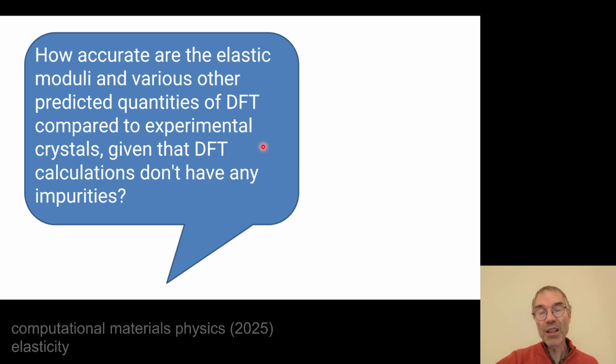The fact that there are defects in the crystal, that is not taken into account, but you could do that if you want by adding some impurities, calculate the elastic constants again, probably on a larger unit cell, or introduce even a dislocation or a vacancy or a cavity or a precipitate.